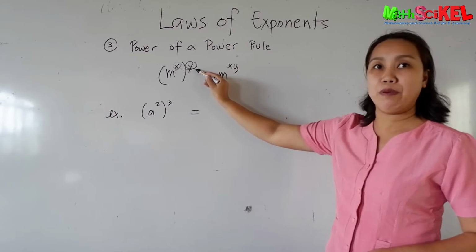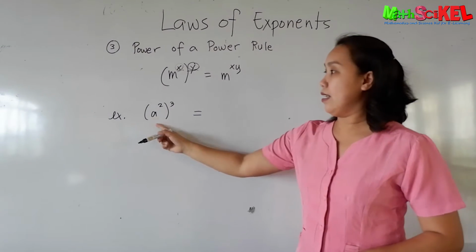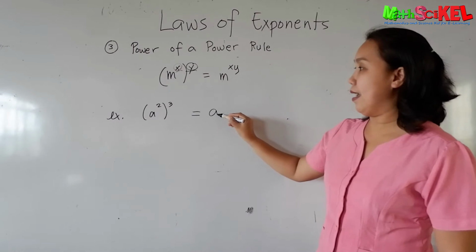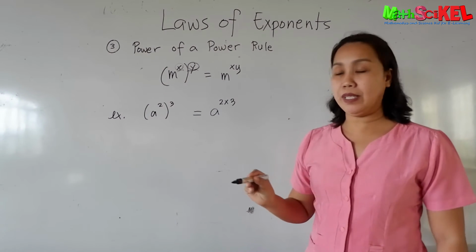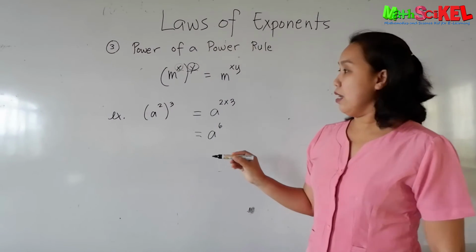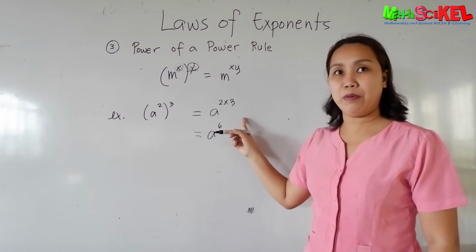Using the given example, a squared raised to the third power, this will be a raised to 2 times 3. 2 times 3 is 6. So a squared raised to the third power is a to the 6th power.